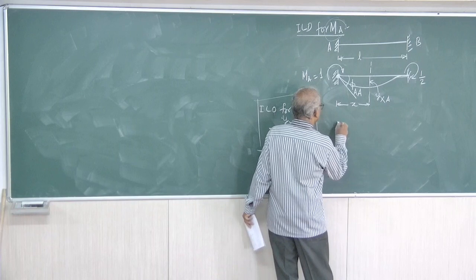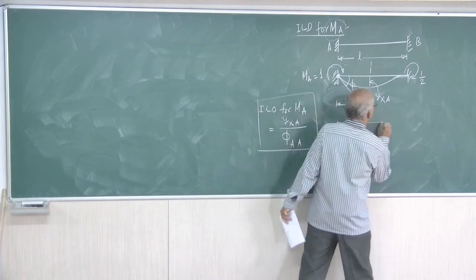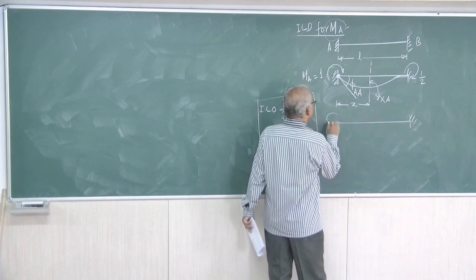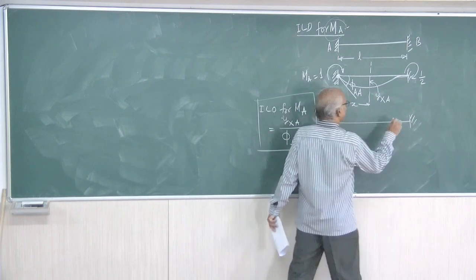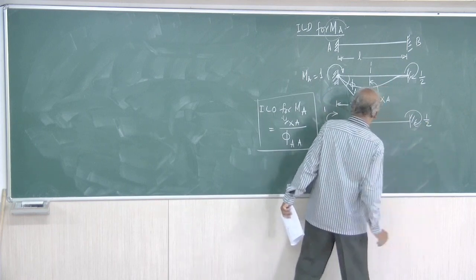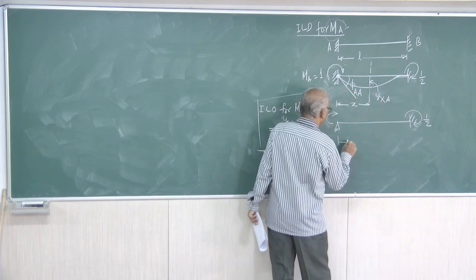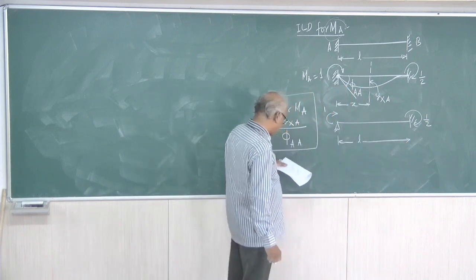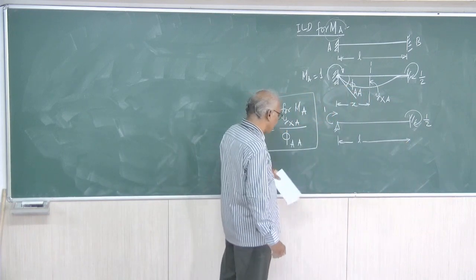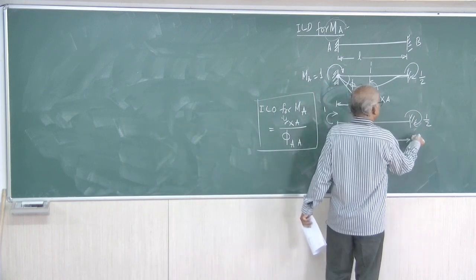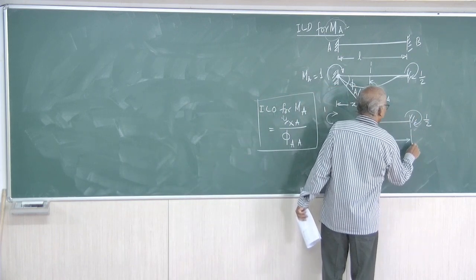This is the beam. Here we applied unity. Here it is 1 by 2 carryover moment. This is L. We'll first find out the reactions. This is clockwise, therefore this is anti-clockwise. Let us say RB.